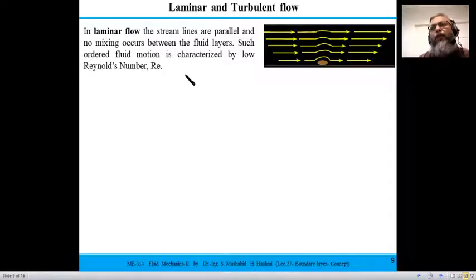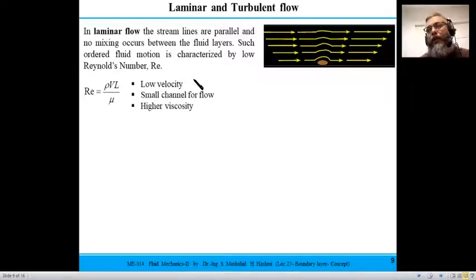We have one dimensionless number, the Reynolds number, which decides whether it is laminar or turbulent. L is a characteristic length. In case of a pipe flow, diameter is your characteristic length, and it is rho V d over mu, where rho is the density of the fluid, V is the velocity of the fluid, and mu is the viscosity of the fluid. This Reynolds number takes care of the whole fluid flow behavior.